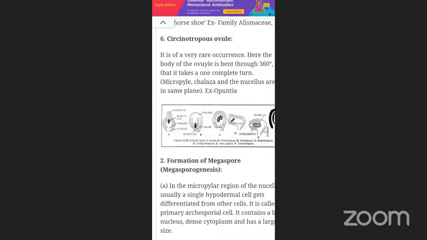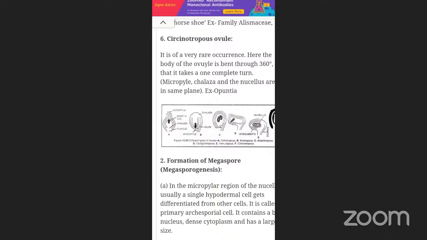The next one is the hemianatropous. Here the funicle lies at a right angle to the nucellus, meaning the ovule body. We see this type of hemianatropous ovule in around 10 to 13 families.